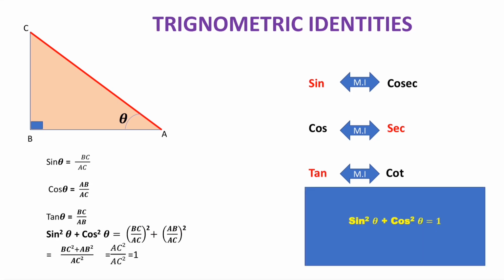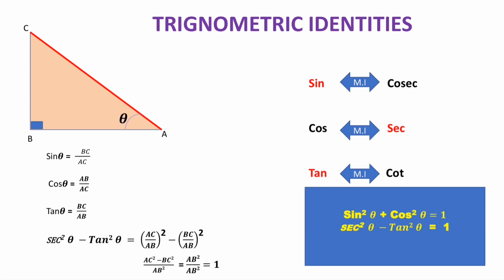From Pythagoras theorem, we know that the sum of squares of the other two sides, AB square and BC square, is equal to the square of the hypotenuse. So we can replace the numerator with AC square, and since denominator and numerator are the same, they cancel and the answer is 1. So the first trigonometric identity using Pythagoras theorem is sin square theta plus cos square theta is equal to 1.